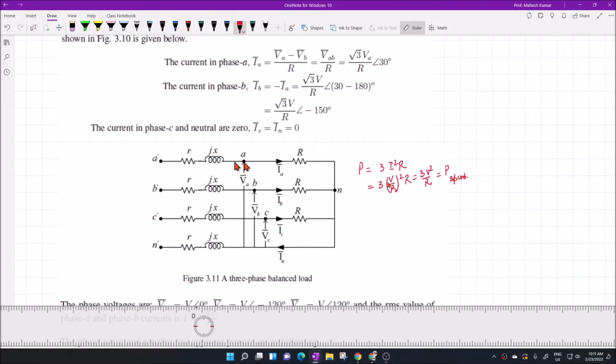However, the currents are balanced, the voltages are balanced. The current this time will be IA equal to V by R, angle of 0. IB will be V by R, angle of minus 120 degrees, and IC will be V by R, angle of 120 degrees.